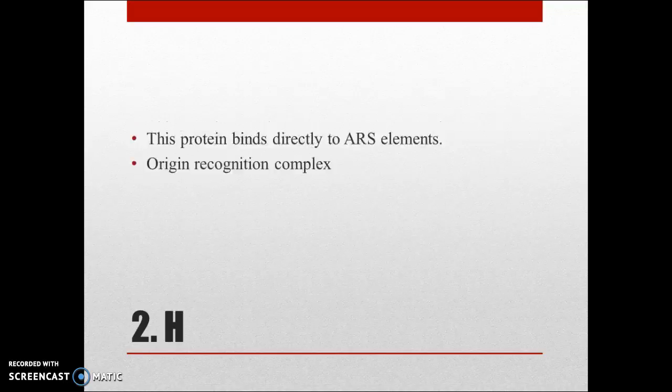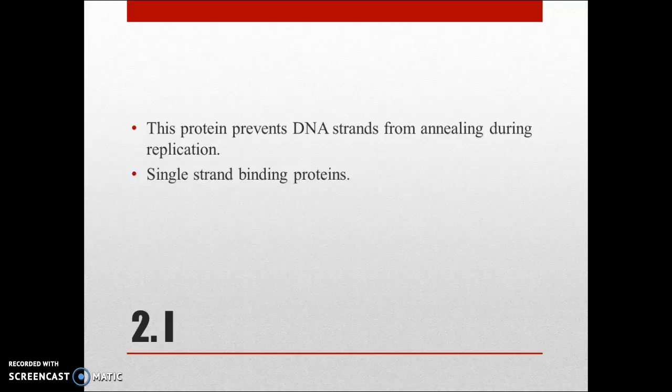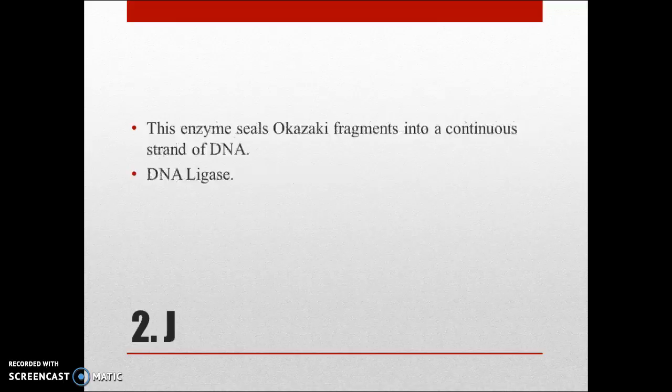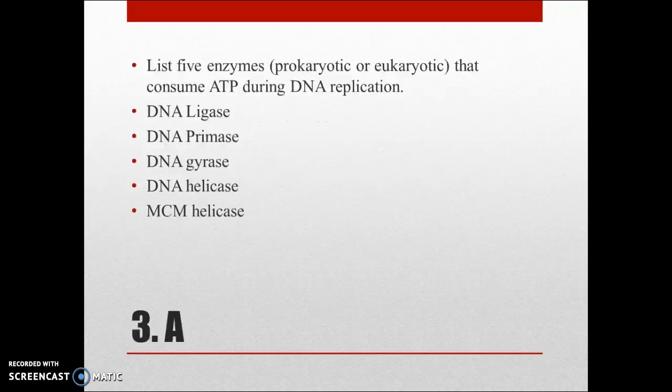This is for part G. And for part H, this protein binds directly to ARS elements, and it is the origin recognition complex. For I, this protein prevents DNA strands from annealing during replication, and annealing basically means reforming the hydrogen bonds. And so this is single strand binding proteins. For J, this enzyme seals Okazaki fragments into a continuous strand of DNA, and it is DNA ligase.